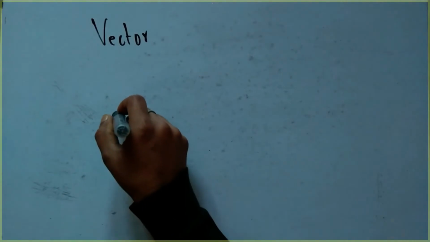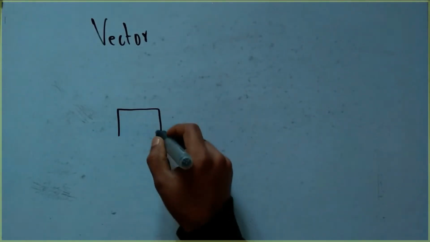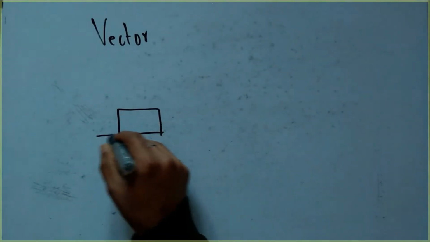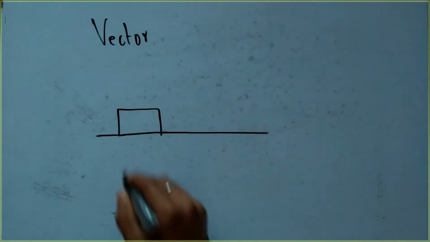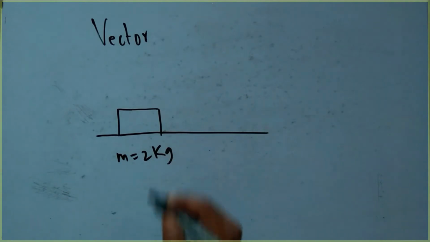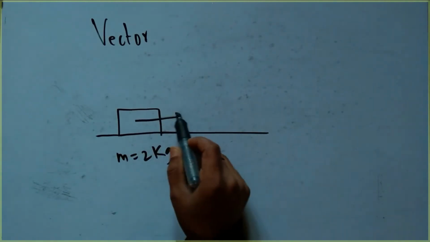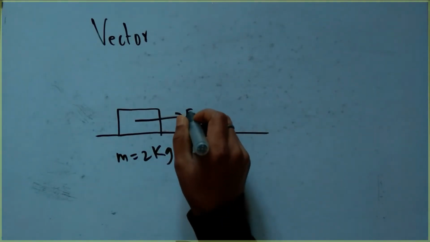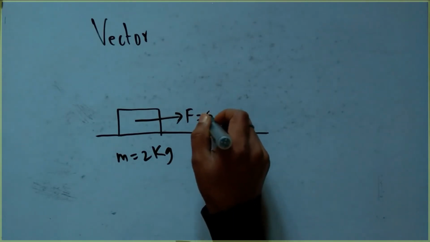Let us see some other examples here. Let us consider a block whose mass, let it be 2 kg, is acted upon by a force F, let it be 5 Newton.